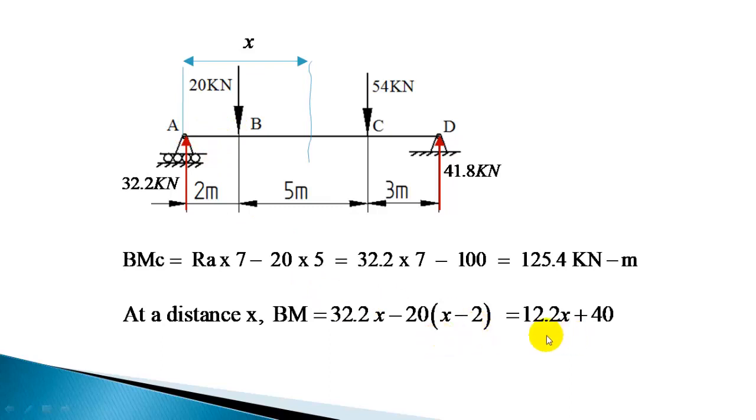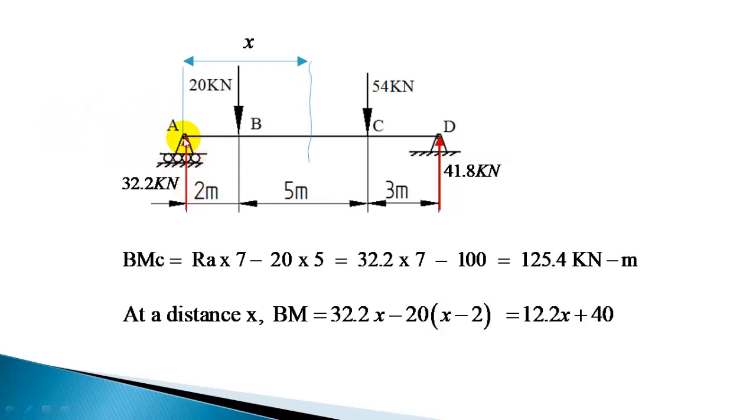Okay, so you understood that variation of bending moment is linear in the section AB or section BC, even section CD. And bending moment at A is going to be 0, since there is no force on left side.